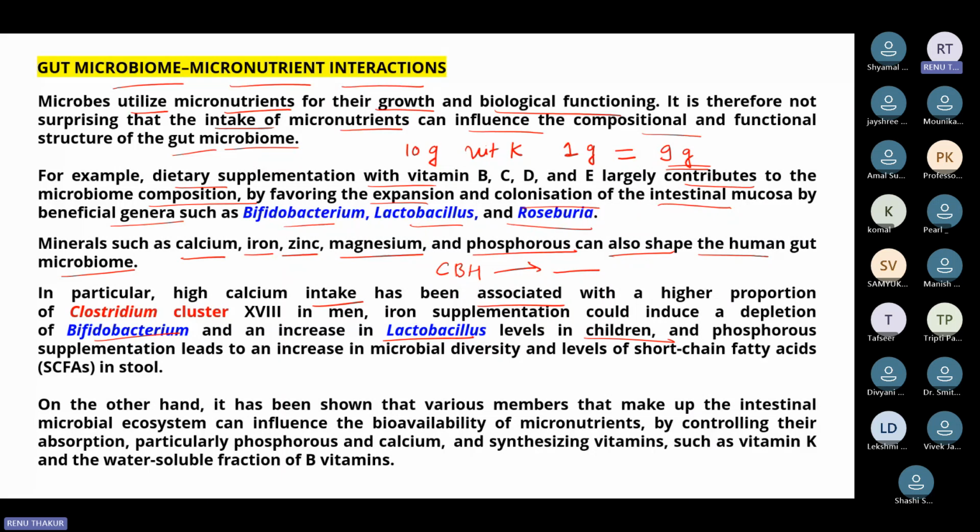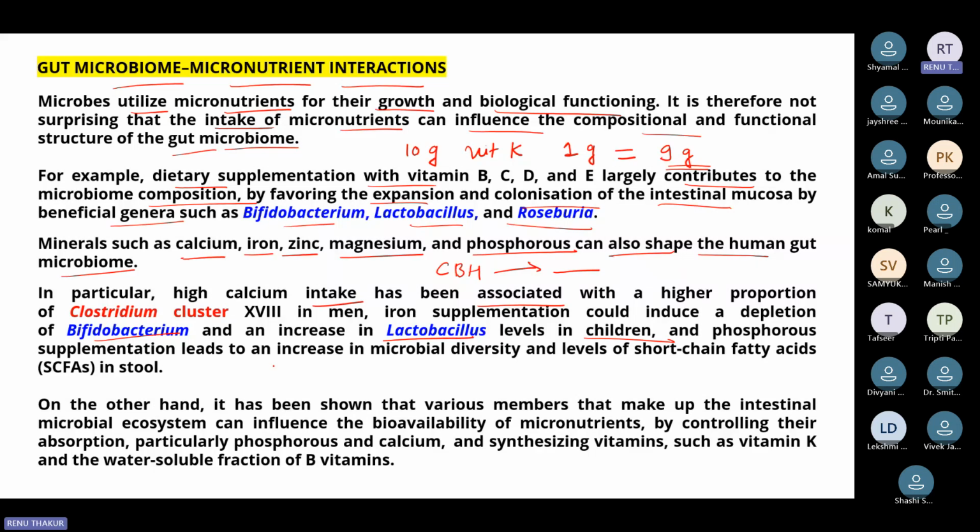Suppose your body has a vitamin B deficiency and you are taking medicine to remove such deficiencies, then there is a probability that the other bacterial populations might be affected. Here it is mentioned that iron supplementation induces a depletion of Bifidobacterium and an increase in Lactobacillus: Lactobacillus will increase and Bifidobacterium will decrease. So all those things have an impact on the normal microbiota, the normal microorganisms also.